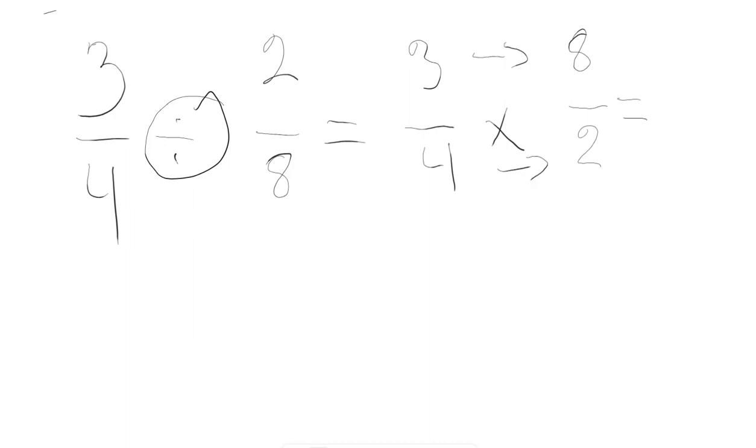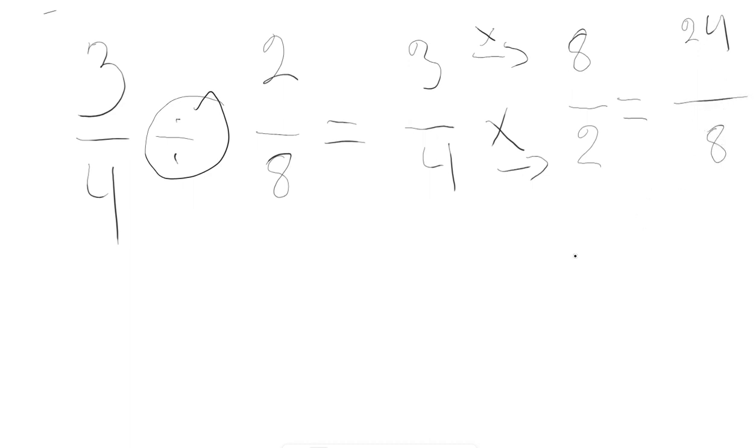So the previous form I showed you was cross multiplying, which is the butterfly effect, and this one is just using the reciprocal, which is flipping the second fraction over and then multiplying straight across, which will give you 3 times 8 gives you 24, and 4 times 2 gives you 8.